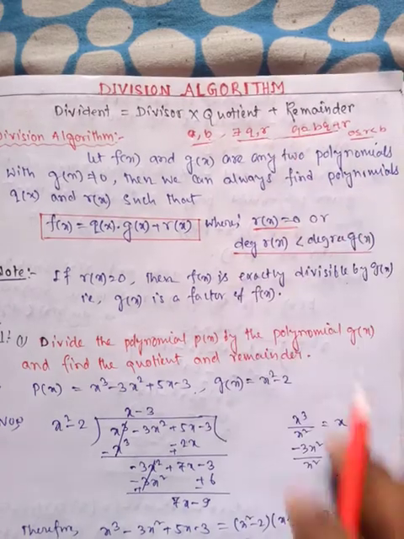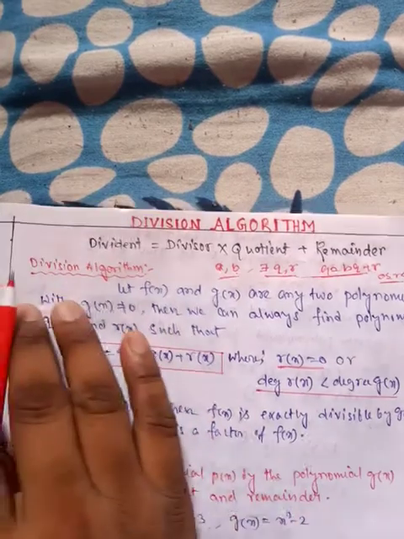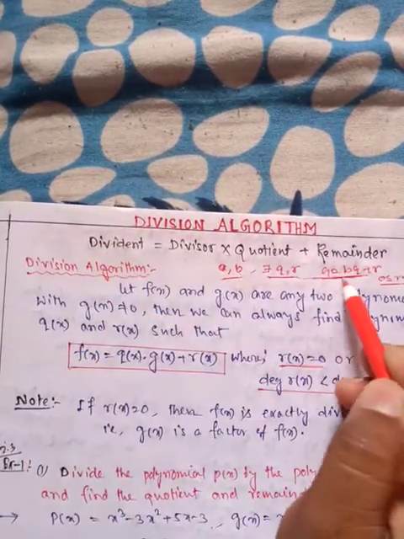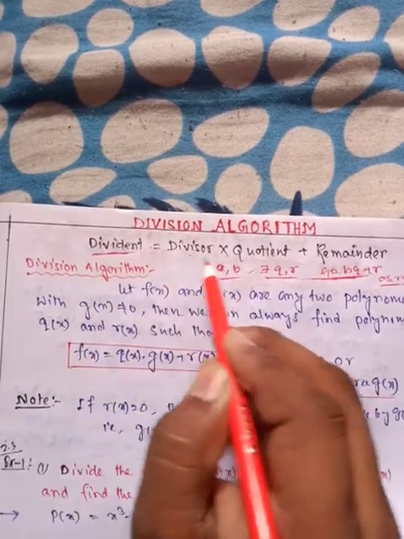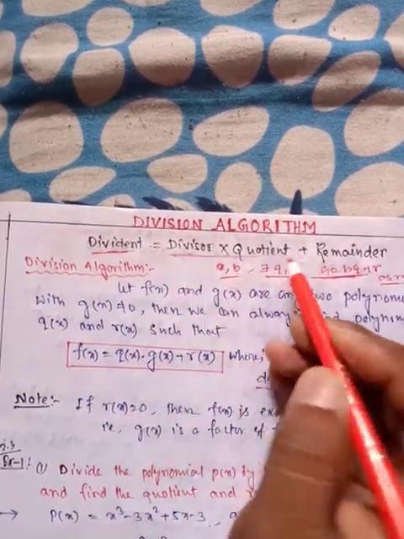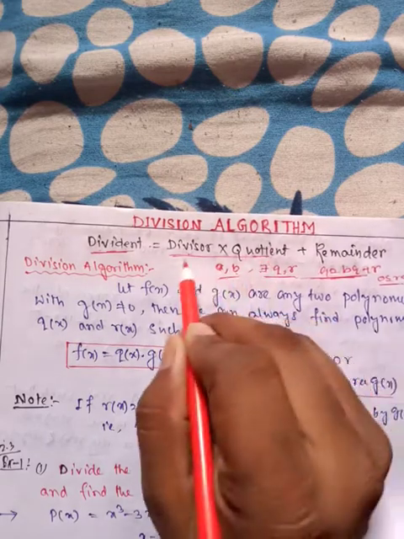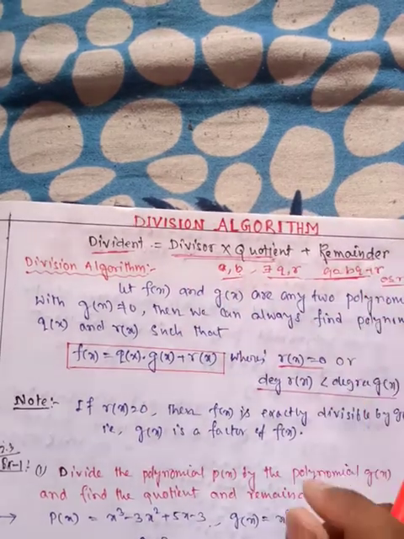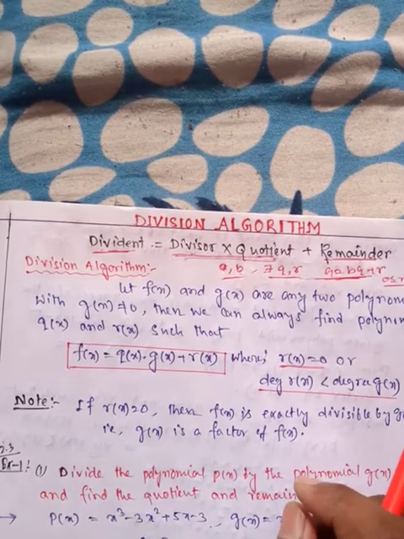It was our division algorithm for real numbers. For this lemma we applied this: dividend equals divisor into quotient plus remainder. In very small classes we have learned this formula.